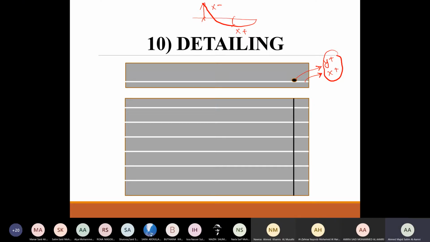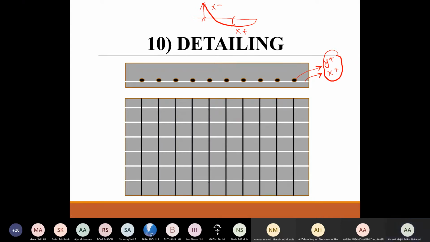So this is representing your bar, another one, and it goes on. So now we have the white, which is representing X positive, and then we have the black color, which is representing Y positive. After we have finished the positive, now we come to the negative part.